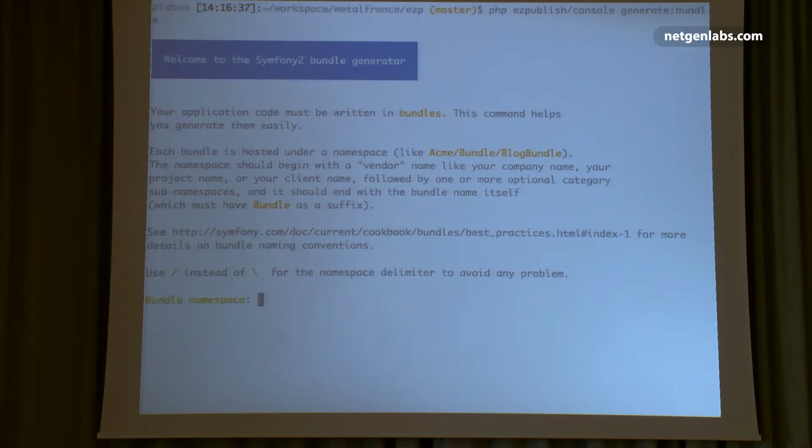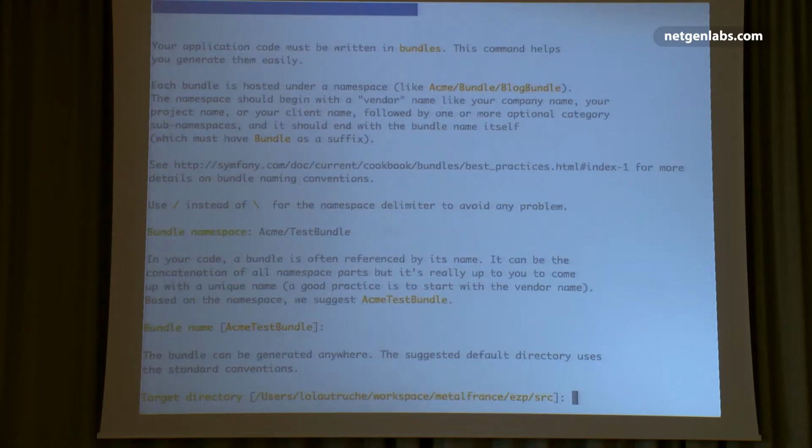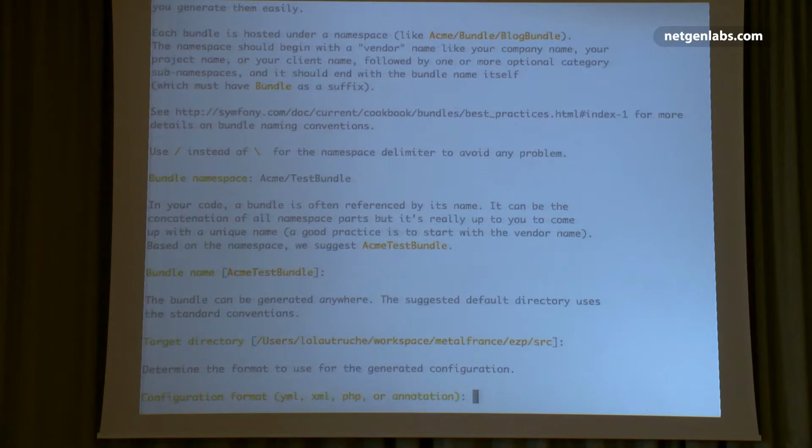So that will be admin demo test bundle here. The bundle name with the default name, the target directory, which is by default in SRC, the configuration format, and so on. At the end, it will ask you a confirmation for generation, and you're ready to go.